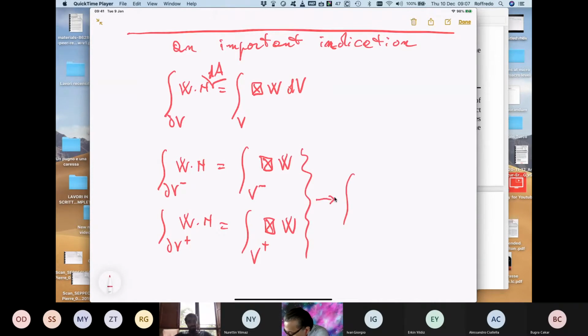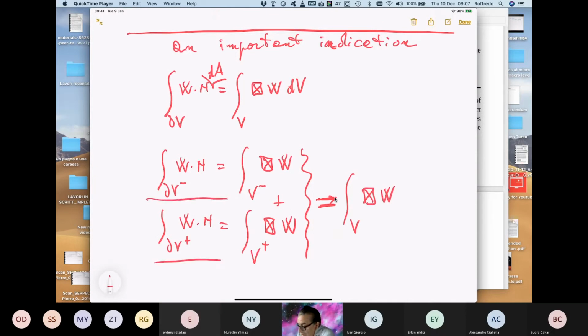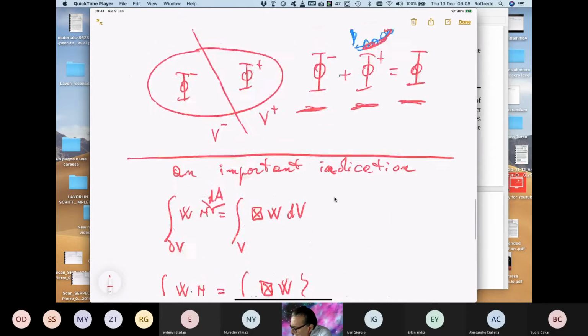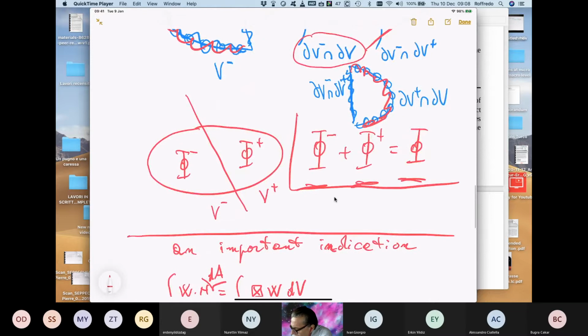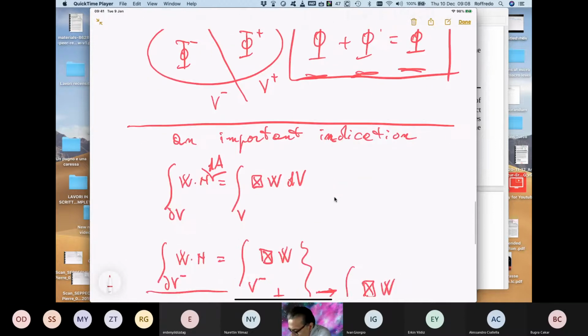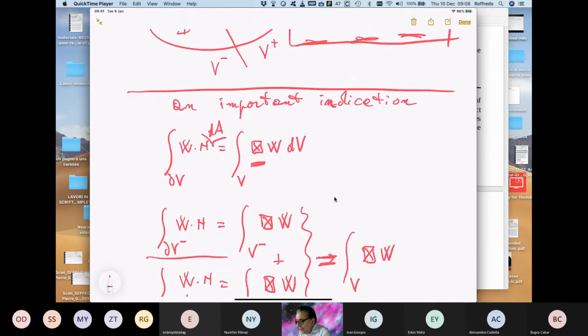The sum of these two is equal to the integral over V of something applied to W. So this property must be verified also for the fluxes. This property of fluxes strongly suggests that there are some chances that we manage to find this strange operator. Okay.